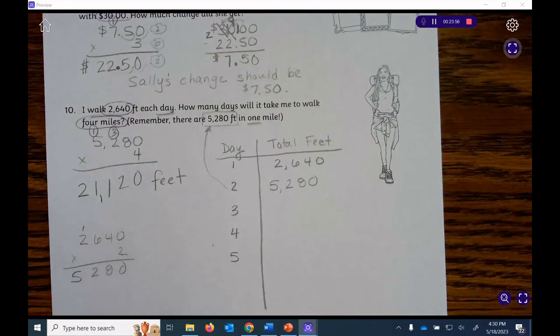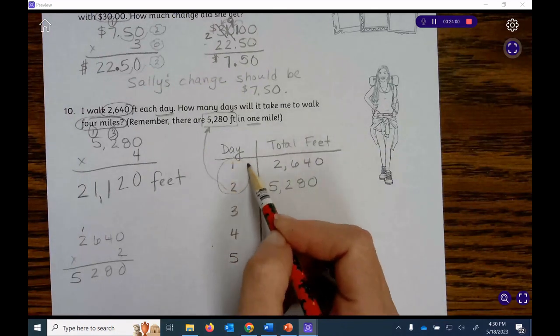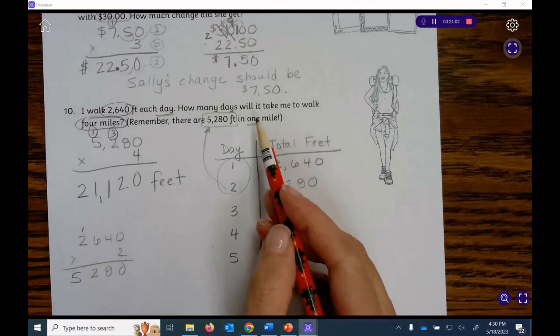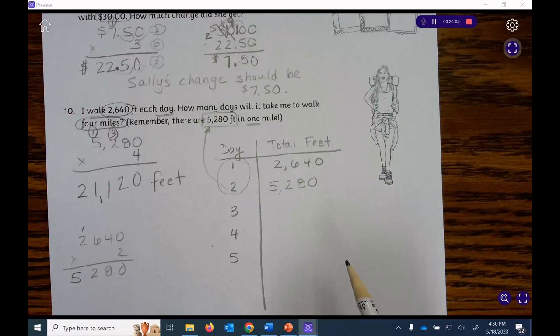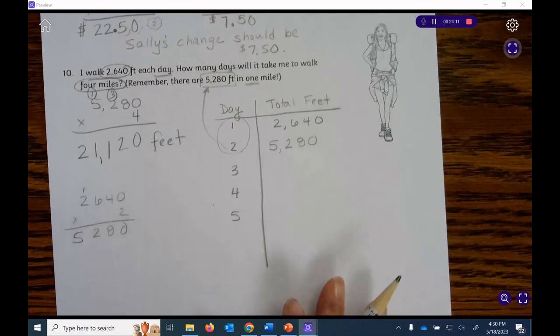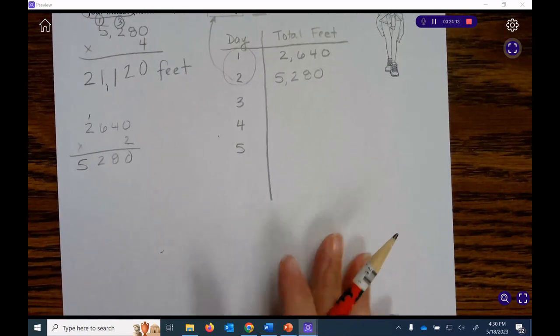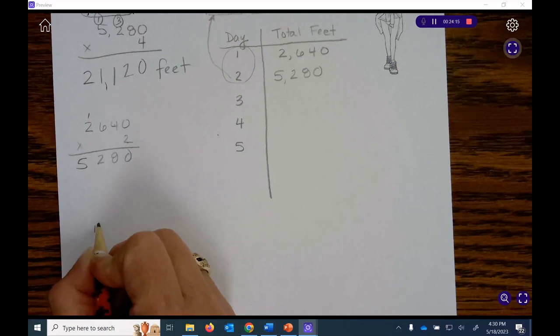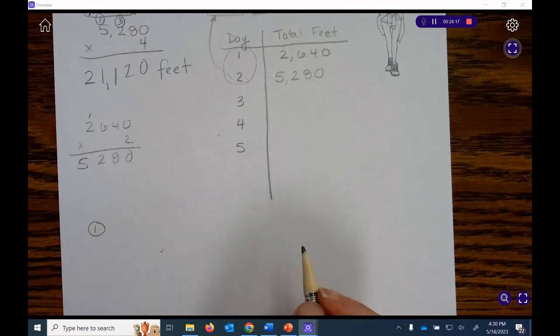So, you know what? Actually, every 2 days, she walks a mile. Do you see that? So, every 2 days, she walks 1 mile. So basically she's walking a half a mile a day.